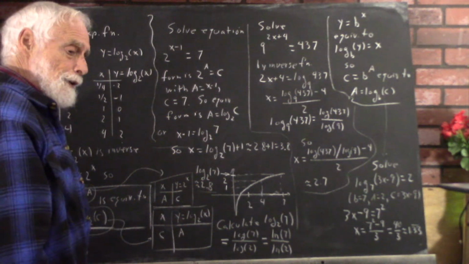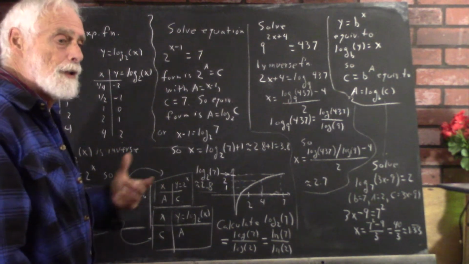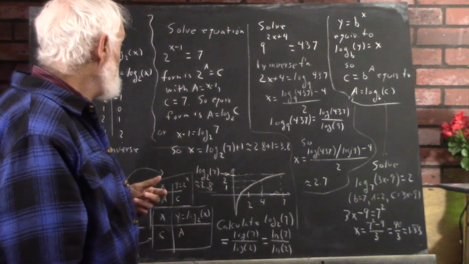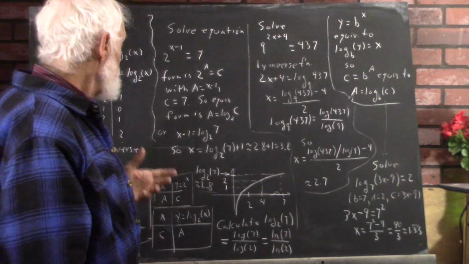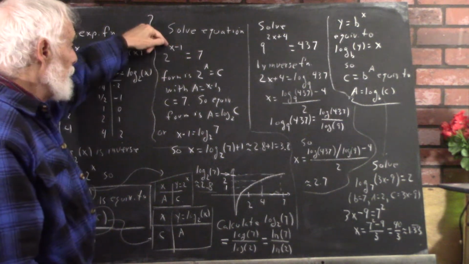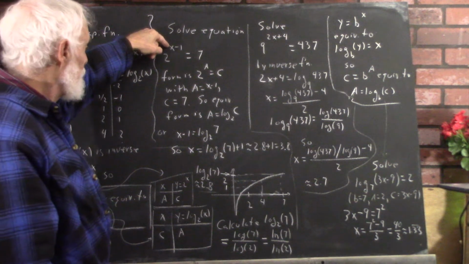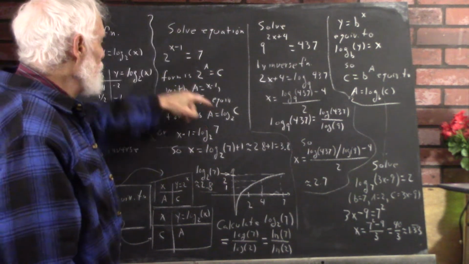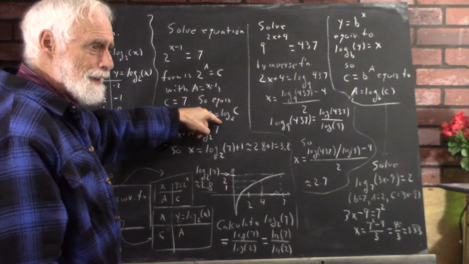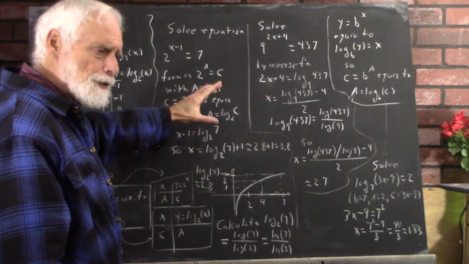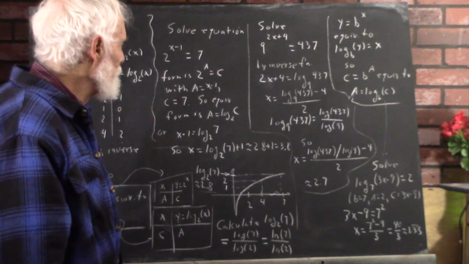Until you use the equivalence between logs and exponentials. And what you've done is you've taken an equation that's an exponential in x, and changed it to a logarithmic equation where x is no longer in the exponent. And you can handle it, you can deal with it.